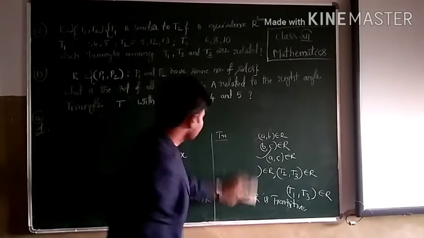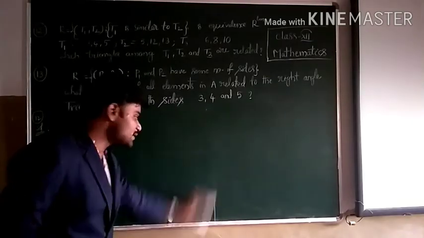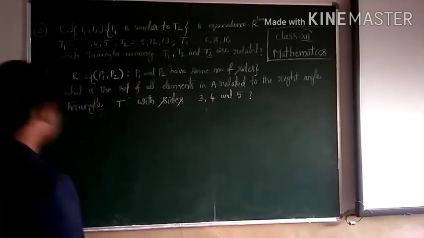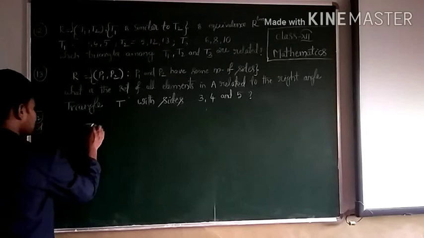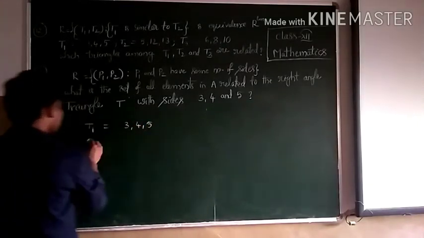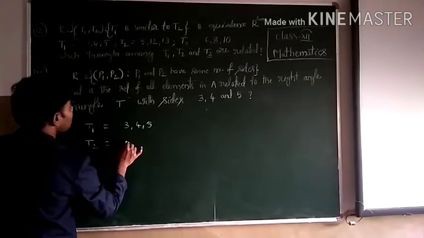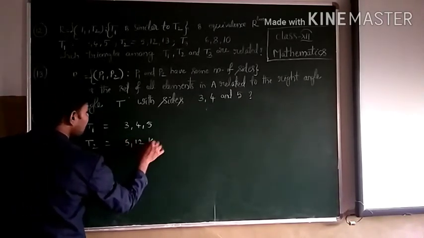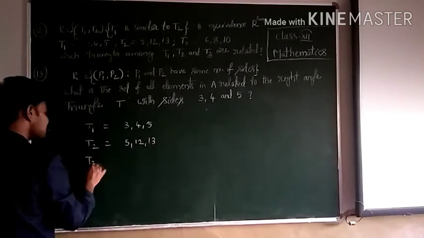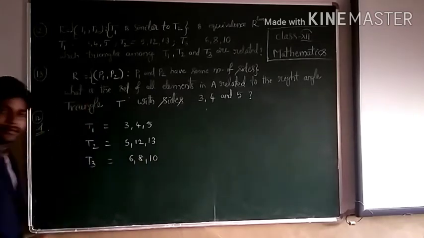Here we need to consider the lengths of the given triangles. First triangle T1 measures 3, 4 and 5, triangle T2 measures 5, 12 and 13, and triangle T3 measures 6, 8 and 10.